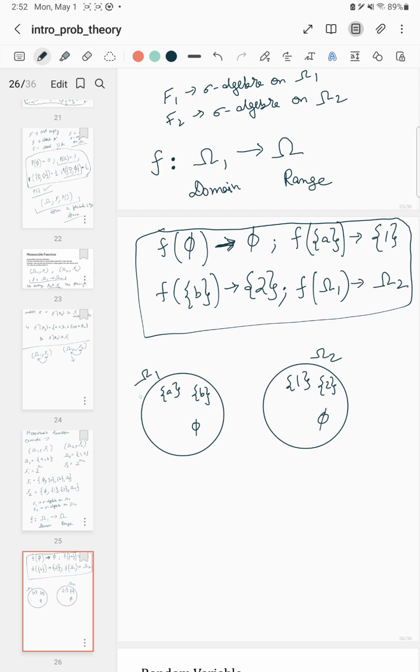The circle is omega 2 itself, so we need not write omega 1 or omega 2 explicitly.